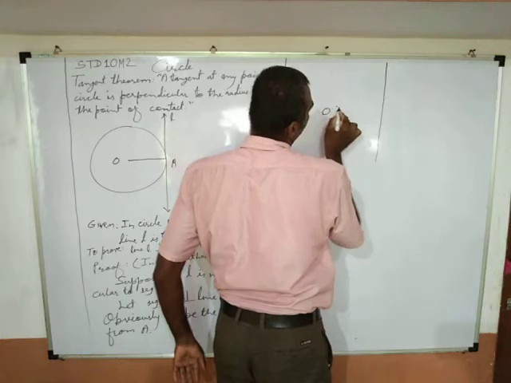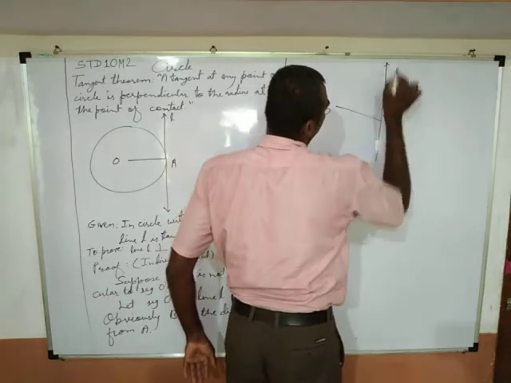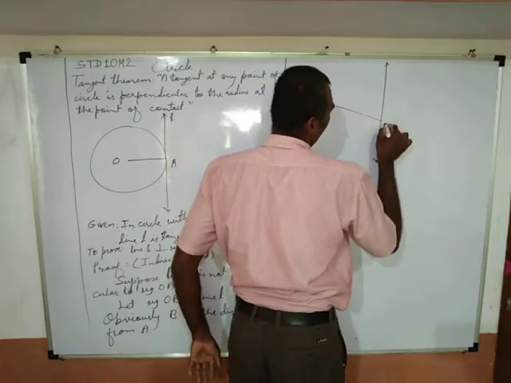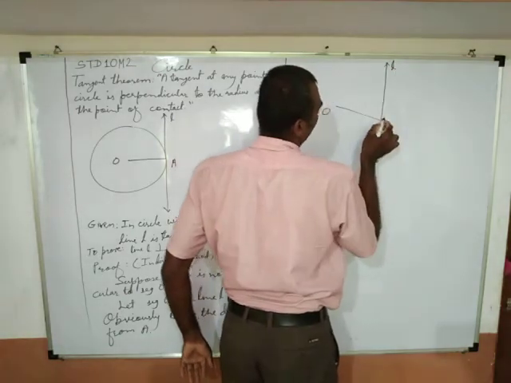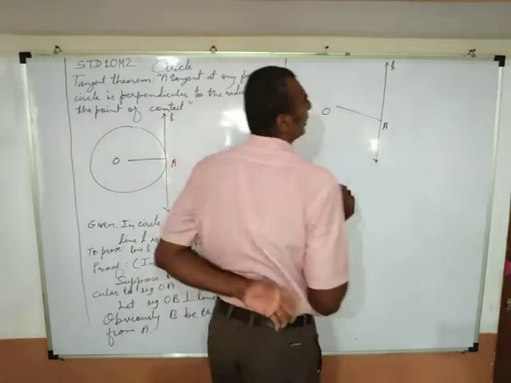O is the center, A is a point on line L, but line L is not perpendicular to seg OA.